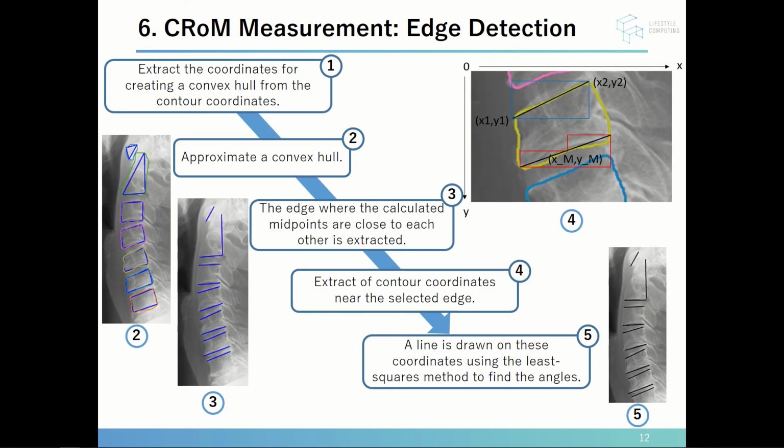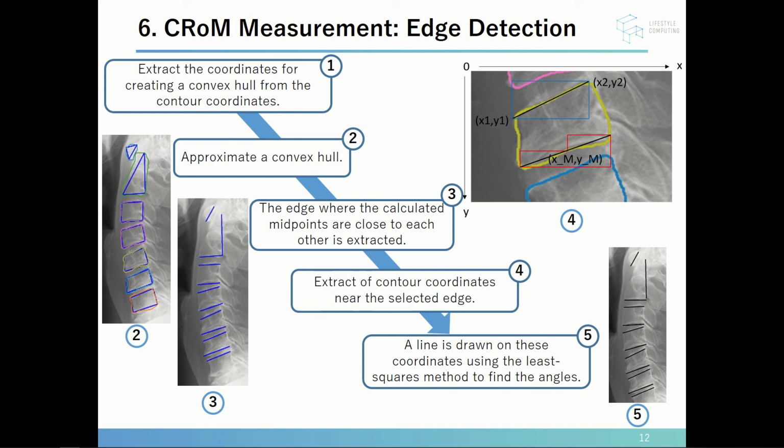Next, I explain Cobb angle measurement from estimated cervical lesions. The flow of the automatic annotation is shown in this figure. There are 5 steps. Step 1. The contour coordinates of the lesion are obtained from the estimated cervical lesion.